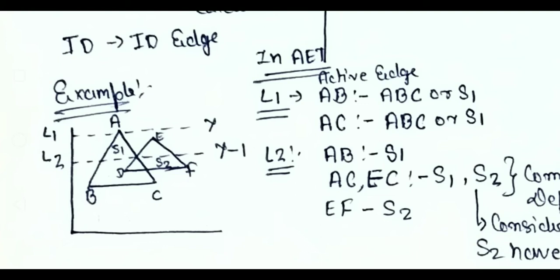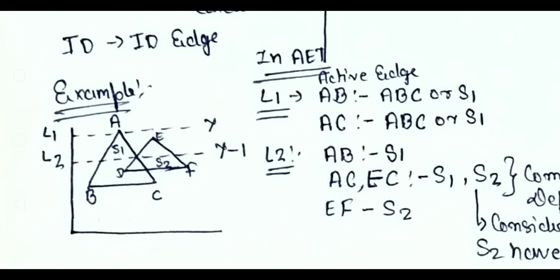Now AB belongs to which surface? Surface ABC, or you can say S1. Same for AC: the AC intersection belongs to surface ABC, or S1. Since there is a single surface here, nothing needs to be done further.